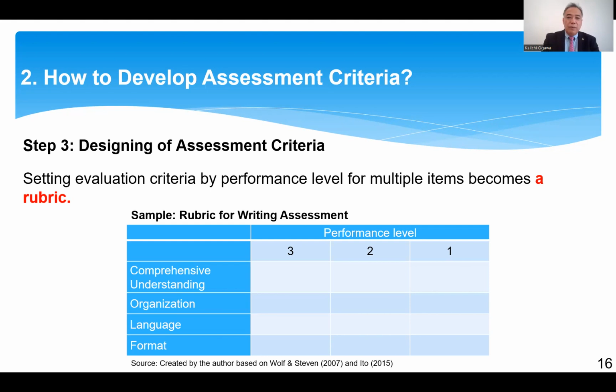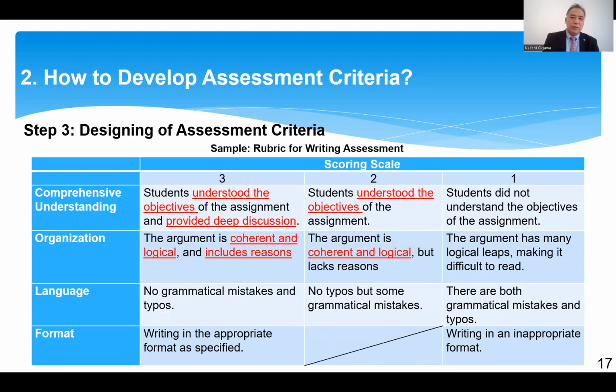So I made 1, 2, 3 assessment levels. Then you can make, for example, comprehensive understanding, organization, language, format. Yeah, we assess writing. That rubric is, for instance, like this.